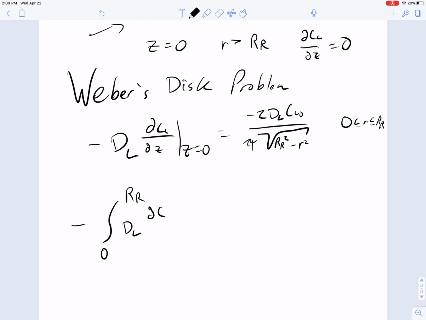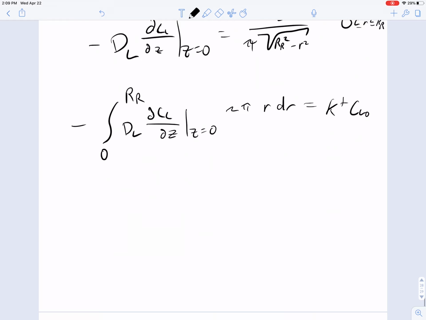So this is the integral of D_L dCL/dz at z equals 0 times 2 pi r dr, and that equals k plus C_L0, some rate. This is because the total flux times area equals rate.